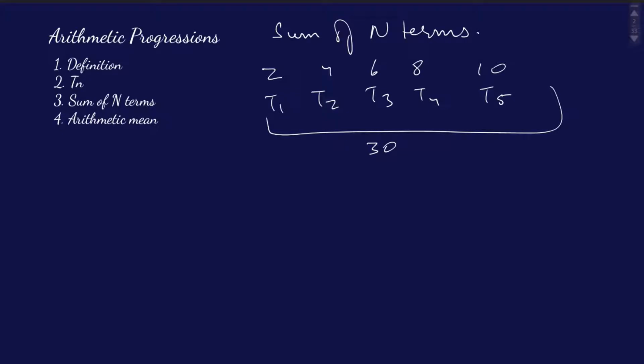We can also find this sum by using the formula for the sum of n terms, which is n by 2 into (2a plus (n minus 1)d).